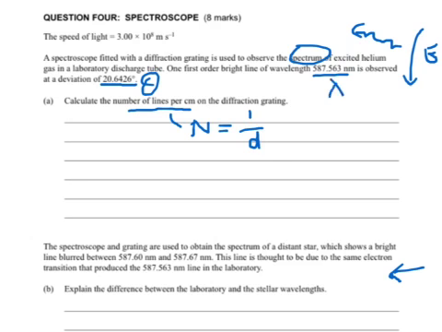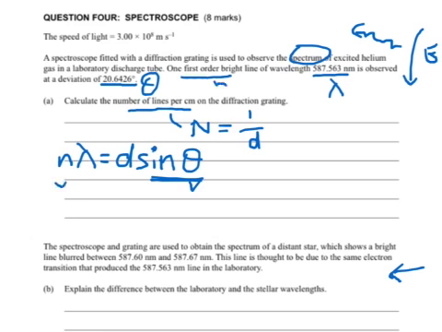So the formula you would use is n lambda equals d sine theta, and we can use this because as a diffraction grating, the small angle approximation doesn't apply, so we have to stick with the angle that is given exactly as is. So we have theta, we have n, because it's, I believe, the first order, and we're given the wavelength as well.